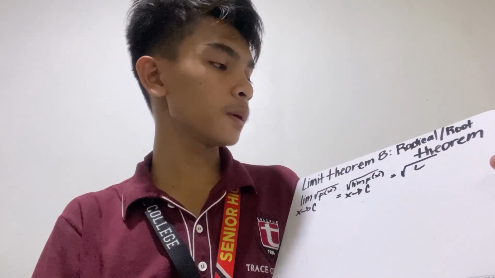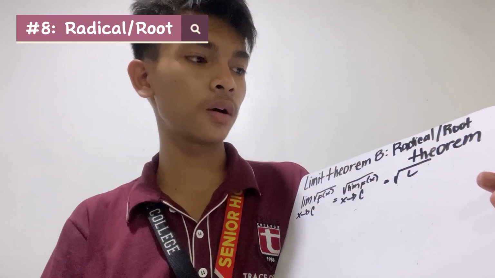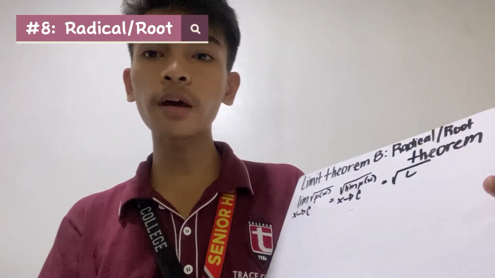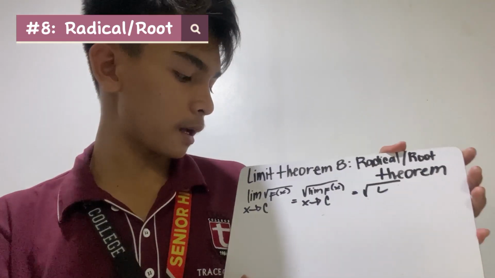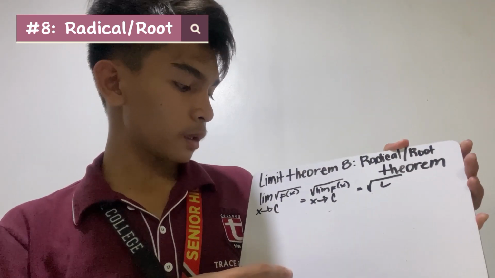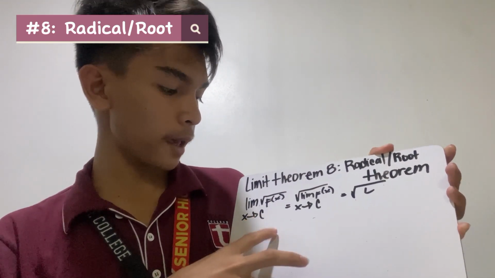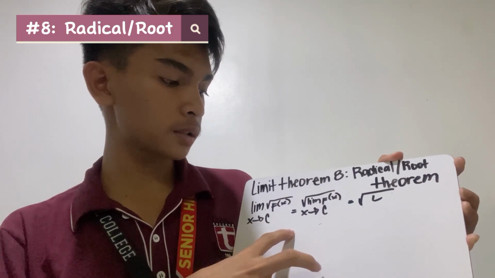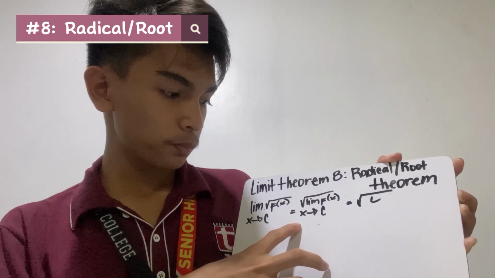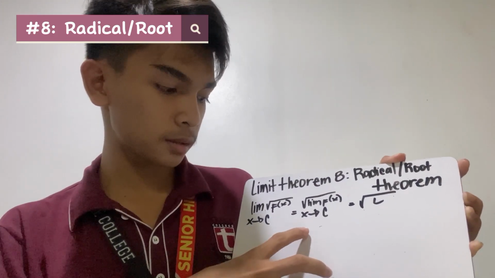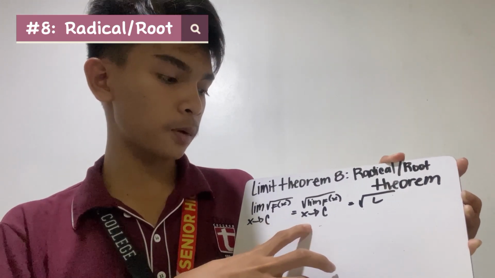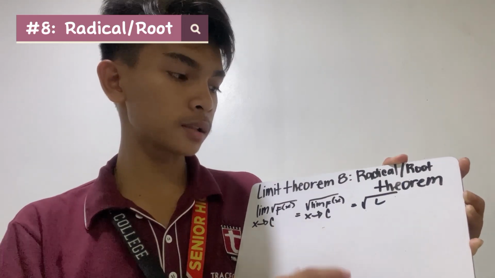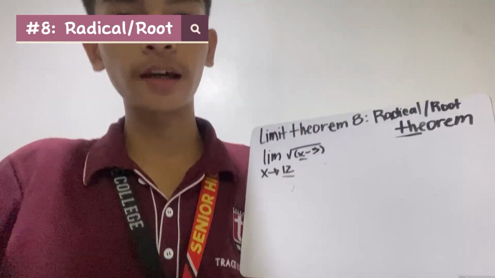Ang ituturo ko naman sa inyo ngayon ay ang limit theorem 8, ang radical or root theorem. Meron tayong equation sa root theorem na limit of the square root of f of x as x approaches c equals the square root of limit of f of x as x approaches c equals the square root of L. Naman tayo ngayon sa example.